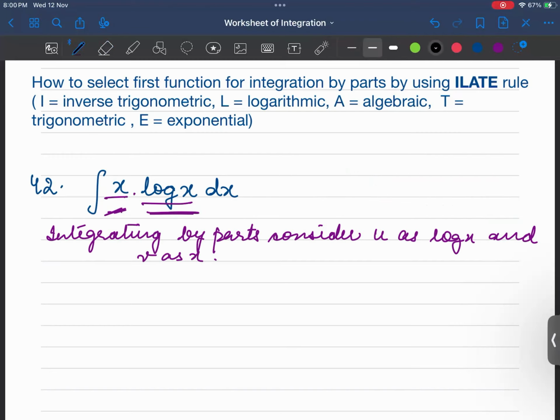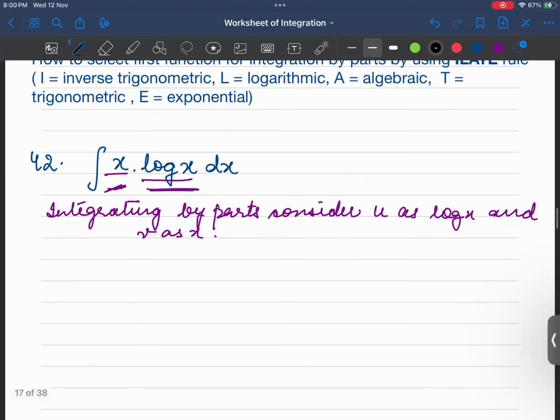Now, when I say the integral of u into v dx, you know the formula. First of all, write the first function, integrate the second function with respect to x, subtract the integral of the entire one: first write du/dx, integrate the second function, close, and then dx. I think it's a formula.